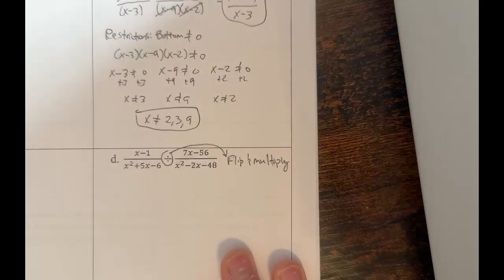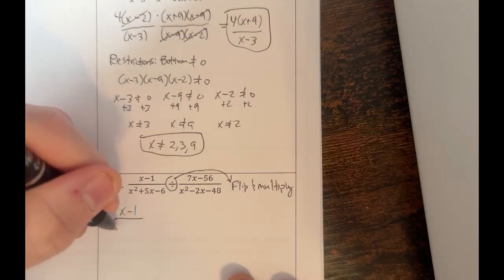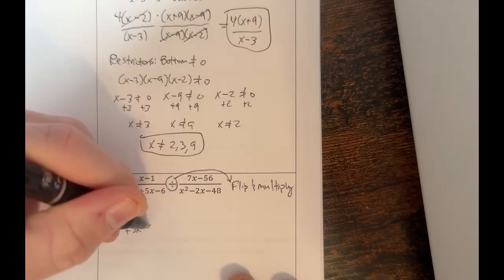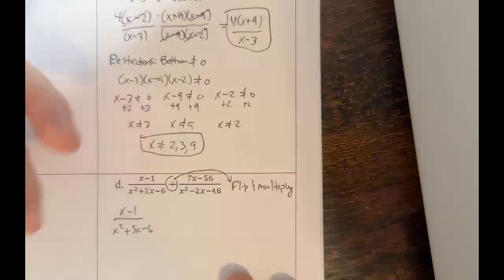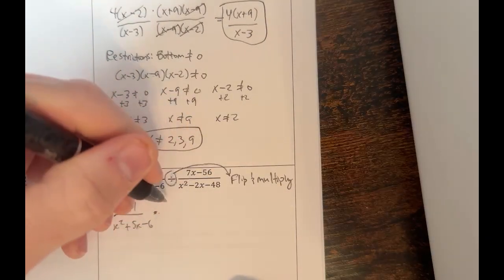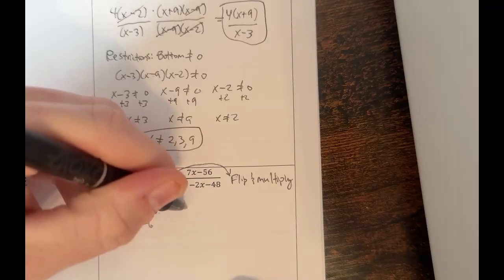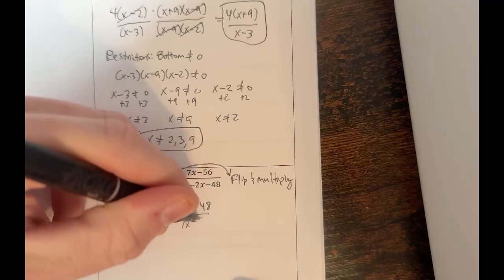Okay, flip and multiply. So I'm going to rewrite this because I'll go too fast. So flip: x squared minus 2x minus 48, and then 7x minus 56.